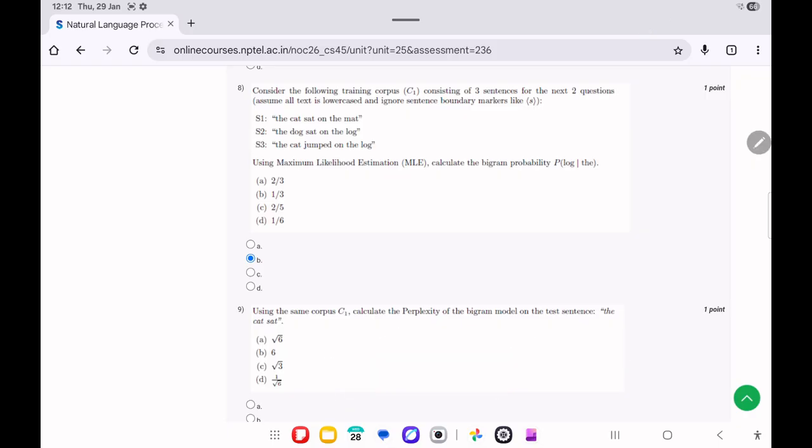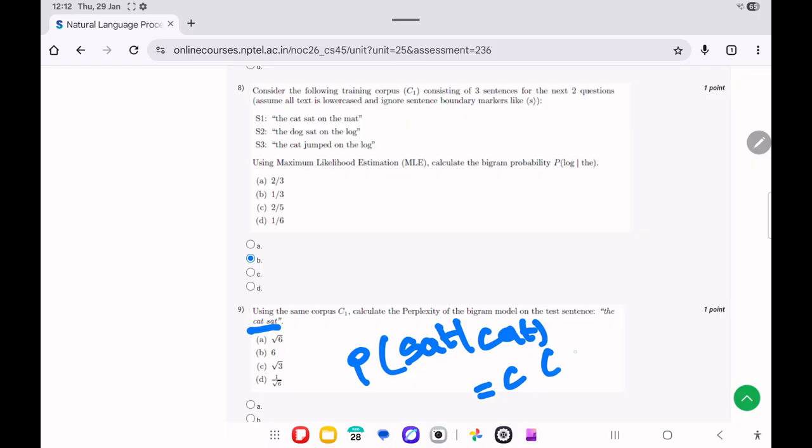Next, the next bigram, "cat sat". Once again, it is the probability of cat sat, meaning sat given cat, which is count of "cat sat" divided by count of "cat". What is the count of "cat sat"?